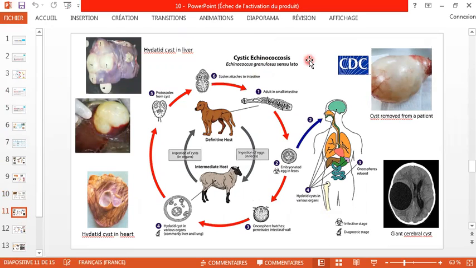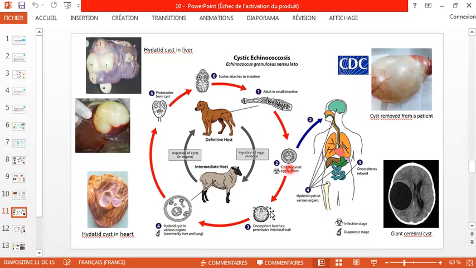echinococcosis. So I repeat the explanation I've already done. I told you that the exact etiology is a worm that can be found in the dog's intestine. Okay, so it is an endoparasite of the dog that is going to shed eggs.